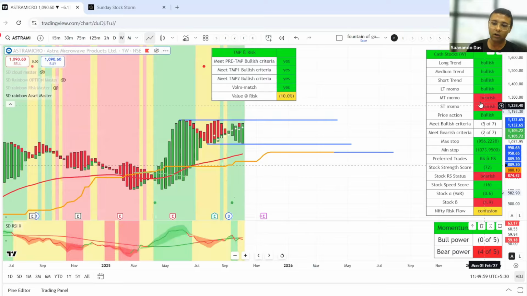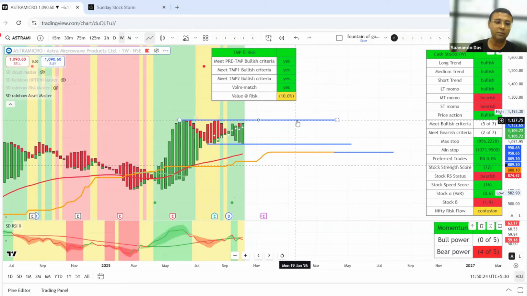As momentum is not there, ST Momo on the right side, RS status, relative strength is bearish. In future storm, we'll learn about measuring relative strength in relation to the money management matrix. In a particular, simple way we will learn that.